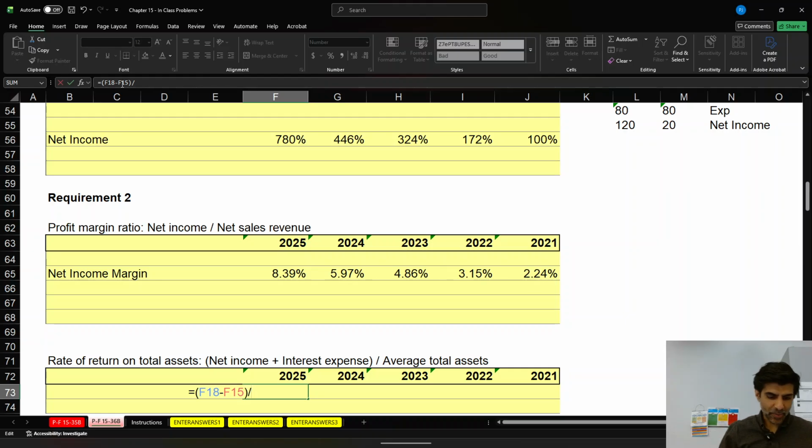And that's going to be divided by, and it's actually not exactly right because I don't think we're paying income tax in this case, but if there was a tax expense, then you'd also have to adjust for that because interest expense lowers how much tax you have to pay. So you'd have to do some adjustment there too. But I think in this problem, you don't have income tax expense, so we don't have any adjustment for that.